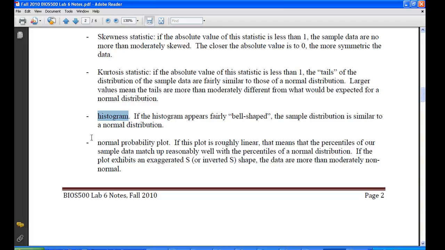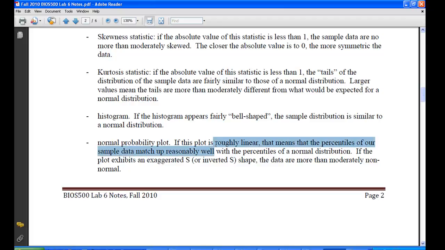One last visual tool is the normal probability plot. We've alluded to this in class. This is a plot of the percentiles of your data on the vertical axis versus the percentiles of a true normal distribution on the horizontal axis. The idea is that if your data match up well with a true normal distribution, then you should get a linear plot, or at least roughly linear.